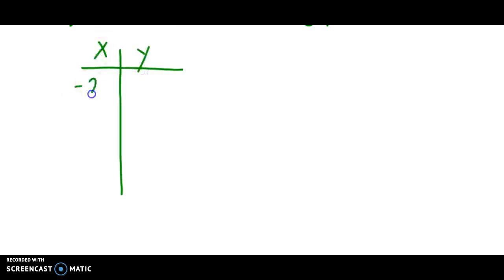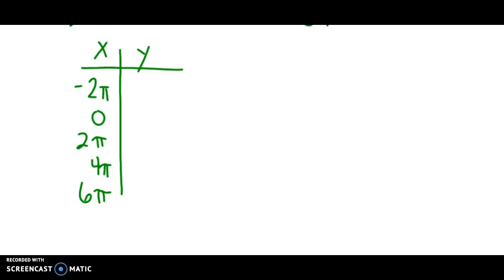So we want to start at negative 2 pi. We want to go all the way up to 6 pi. Halfway between negative 2 pi and 6 pi is going to be 2 pi. Halfway between negative 2 pi and 2 pi is 0. And halfway between 2 pi and 6 pi would be 4 pi. Okay, so I have to figure out my y values.